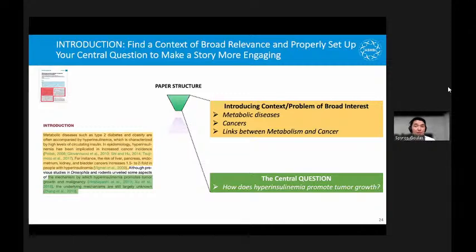In this paper, first, it grabs the interest of a broad audience by introducing concepts that are widely known and affect society, such as metabolic disease and cancer, as well as mentioning that there are links between these two diseases that affect our society.